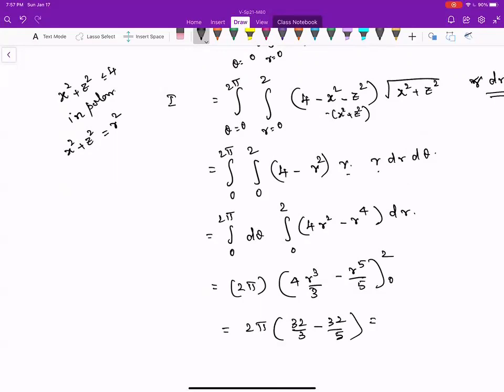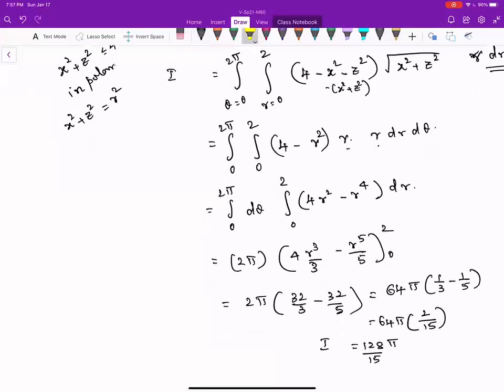That 32 can be taken out. So it will be 2 times 32, that will be 64 pi outside. Then you have 1 over 3 minus 1 over 5. That is 64 pi times 2 over 15, which will be 128 pi over 15.